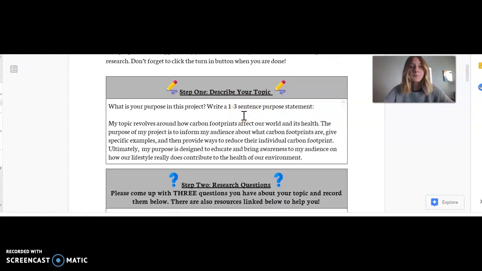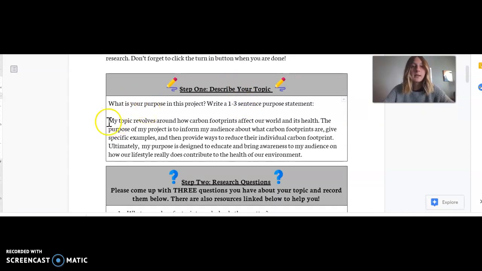Here we go, ready? Step 1, describe your topic. If you looked at Monday and did Monday's assignment with that PowerPoint on carbon footprints, this is the project proposal for that research project. So again, this topic is on carbon footprints. Here is their purpose.